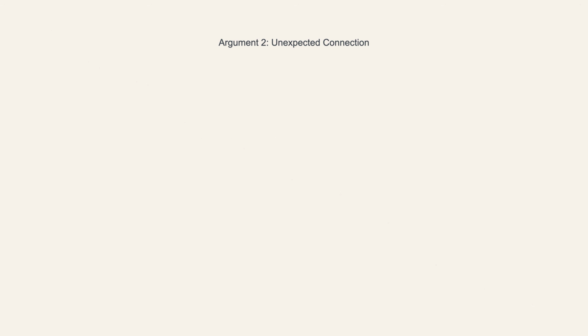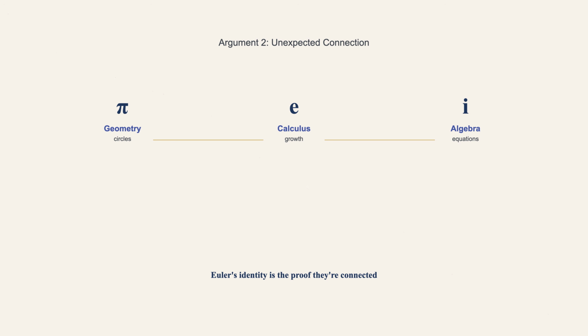Second argument, unexpected connection. Pi comes from geometry, circles. e comes from calculus, growth and change. i comes from algebra, solving equations that have no real solutions. These 3 worlds had no reason to be connected, but they are. Euler's identity is the proof. Third argument, depth.